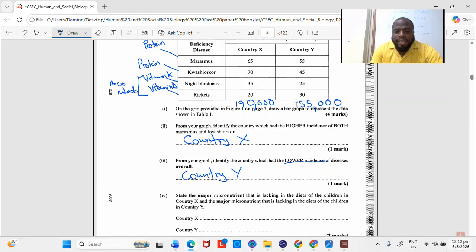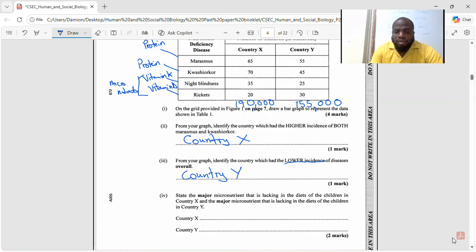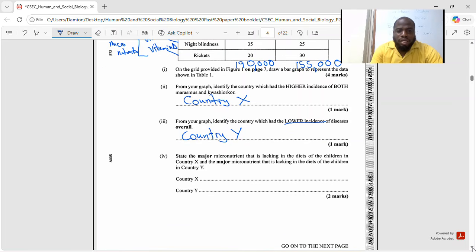Next, they said state the major micronutrients, and we went through this concept already, so you should be able to identify. We said that the micronutrients in question would have been affecting night blindness and rickets.